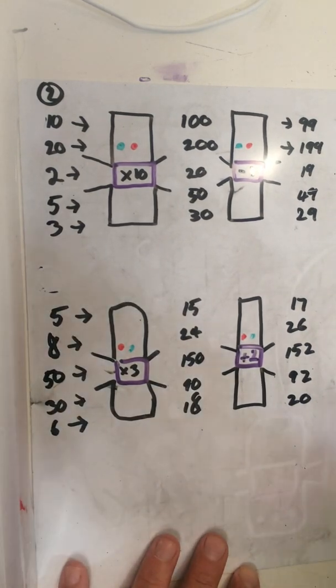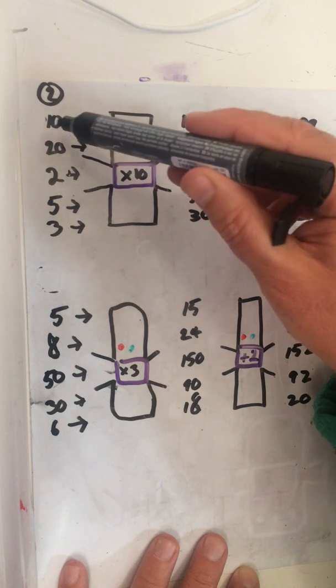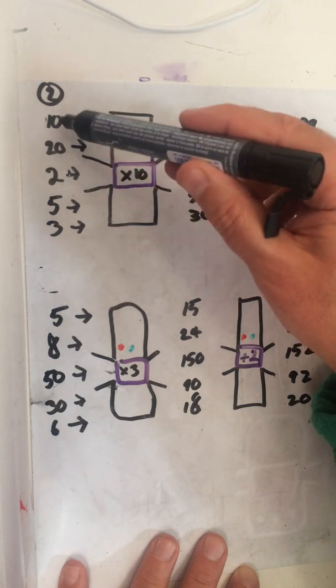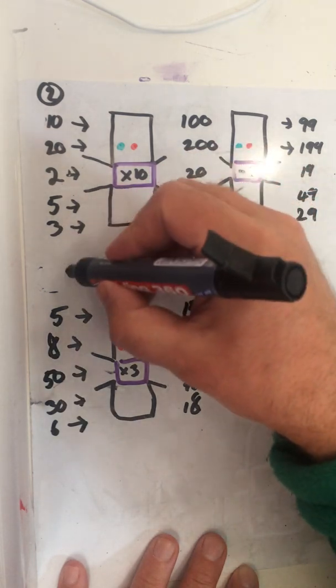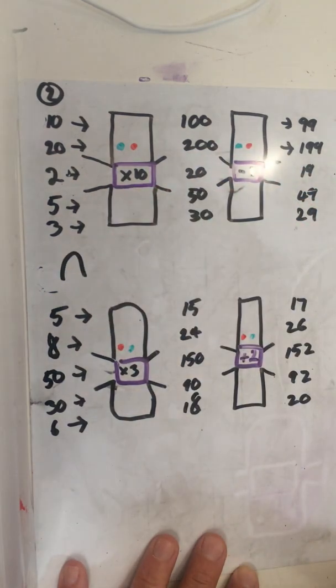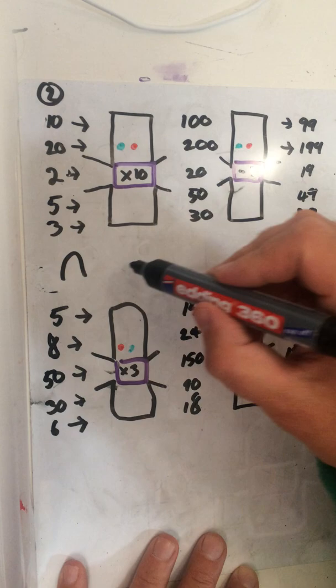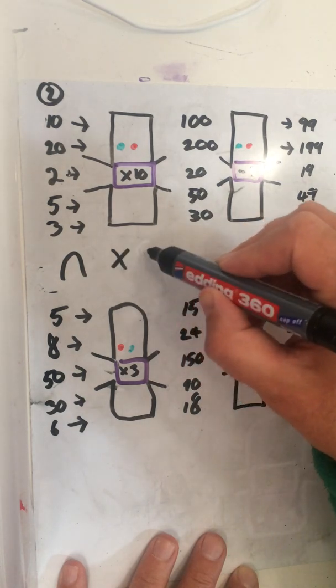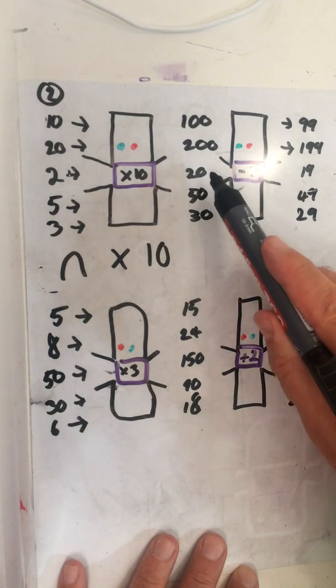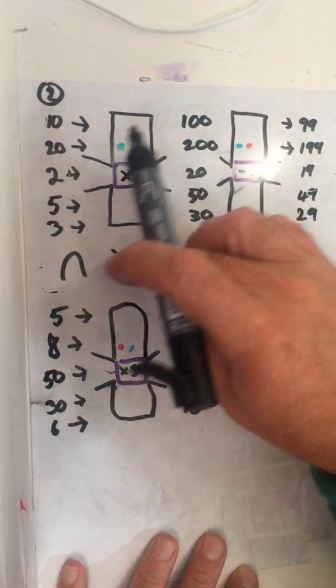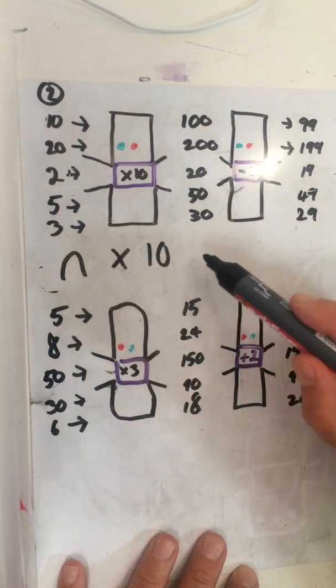If we have a look at this, we start off with a number, and we're going to call this n. What's happening to our n? It's been times by 10. We don't need to put the answer there, because we know that n times 10 will give us an answer.